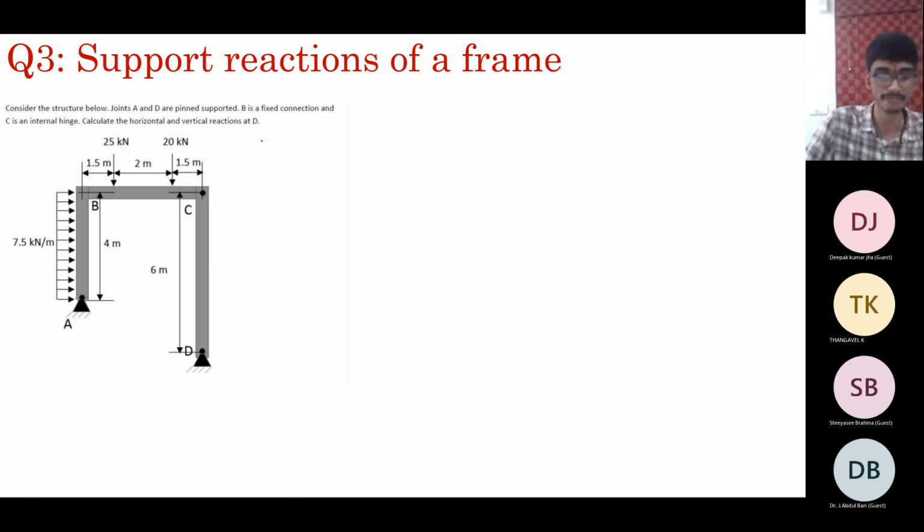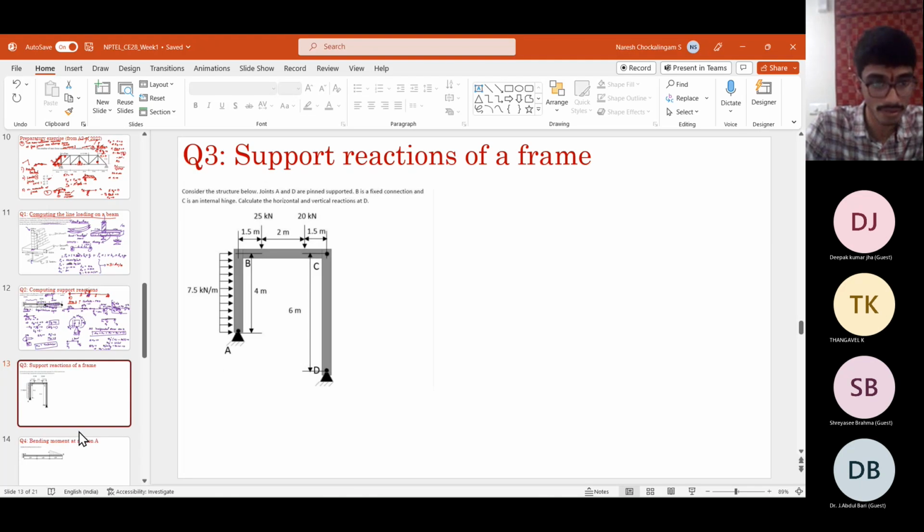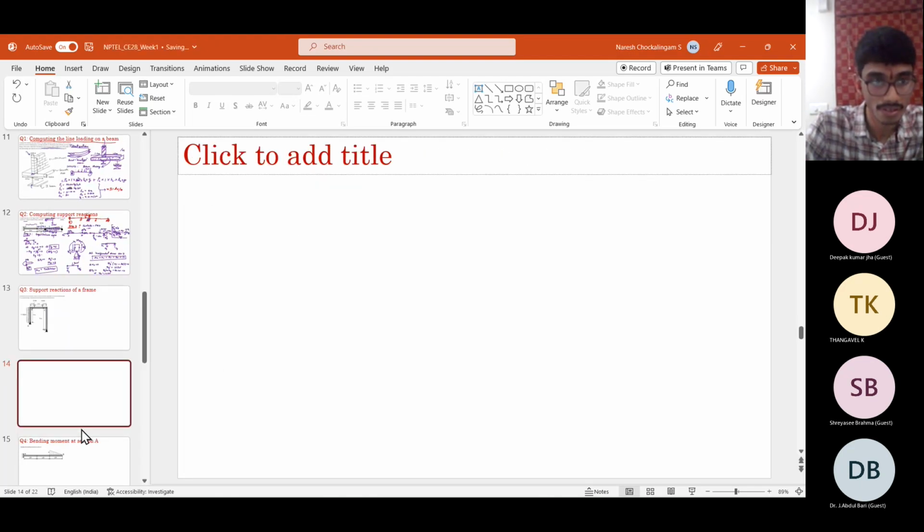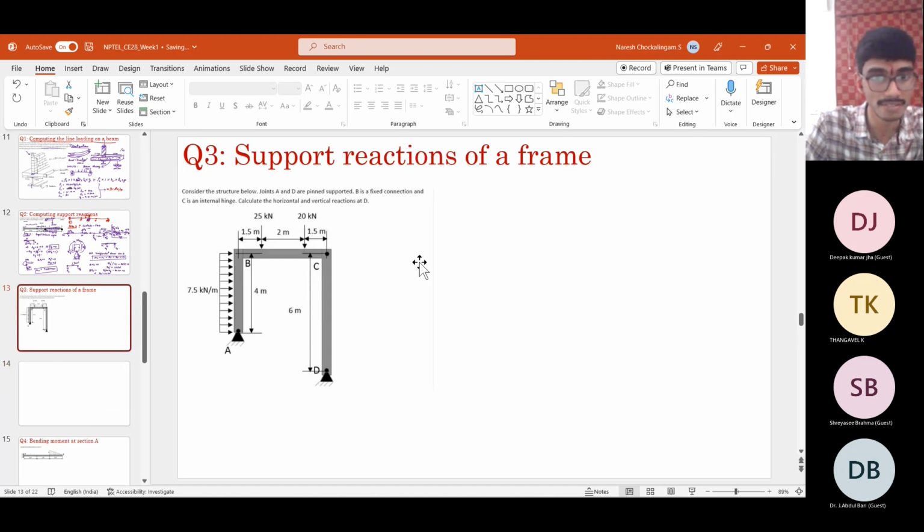So this is a frame. This is a frame structure. Let me add another slide so that it's easy. So what we have is a frame structure.